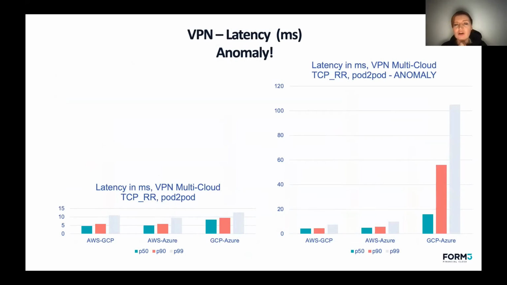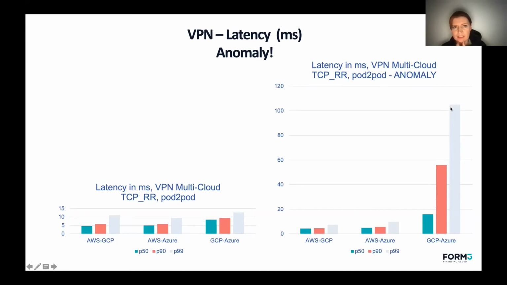This is one of the very interesting tests. Basically, here we have a skyrocketing spike when it comes to VPN multi-cloud connectivity for GCP and Azure. So you can see that P90 is like 60 milliseconds.